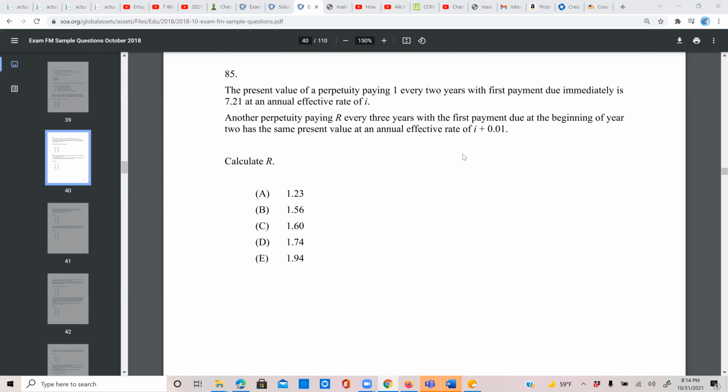Calculate R. So the first one is a perpetuity due because the first payment happens immediately and it pays every 2 years. So we need the 2-year effective rate. We are given that I is the annual effective rate.